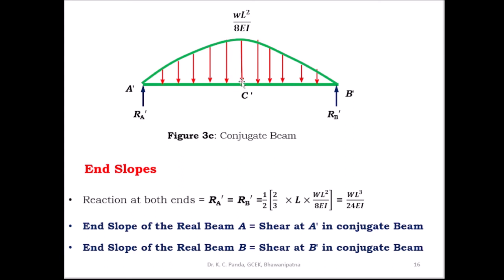So MC dash is equal to RA dash into L by 2 minus the area of this half portion. This is equal to 2/3 into L by 2 into WL square by 8 EI. This is the half of this area, and take the centroidal distance.